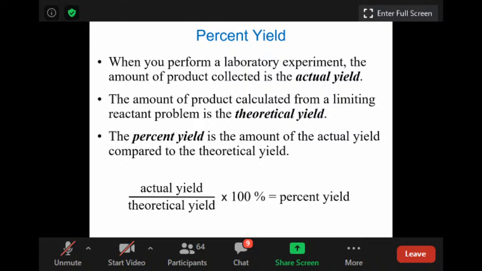The smaller one, which is less than the excess one, is considered to be the theoretical yield. So the percent yield is the actual yield compared to the theoretical yield. Actual yield over theoretical yield times 100% is percent yield.